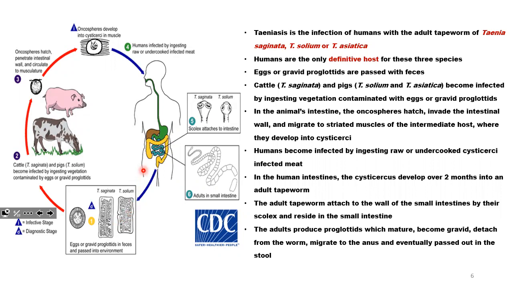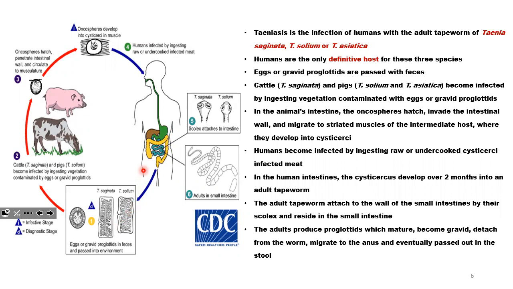So we refer to such proglottid as gravid proglottid. They are different from mature proglottid. Mature proglottid have well-formed sex organs, okay? But gravid proglottid already contains eggs. So that suggests fertilization has occurred and egg production has started.